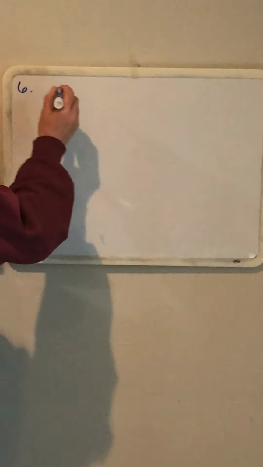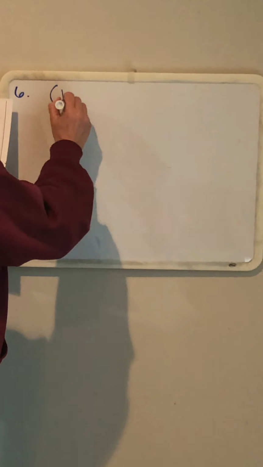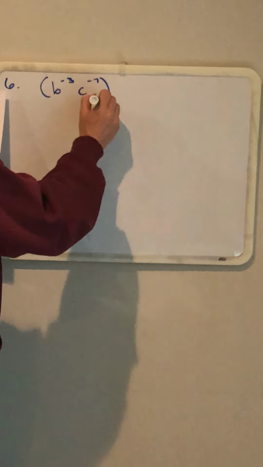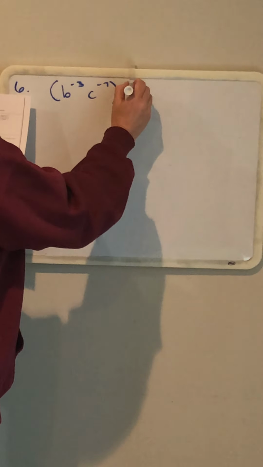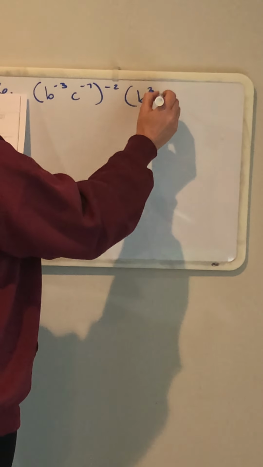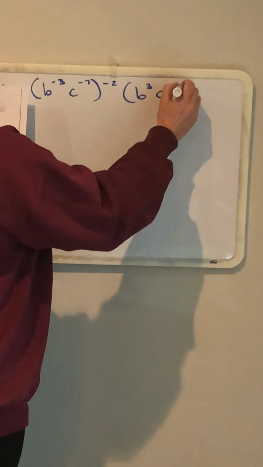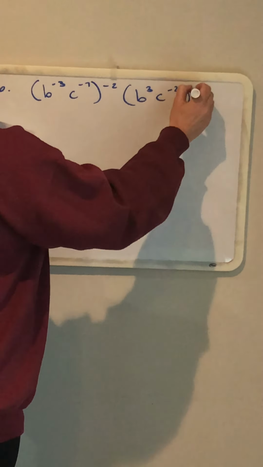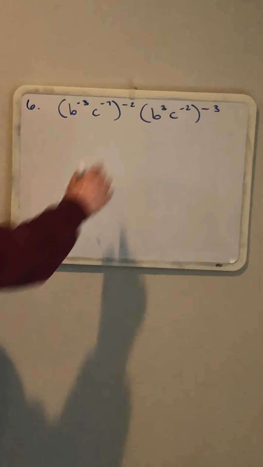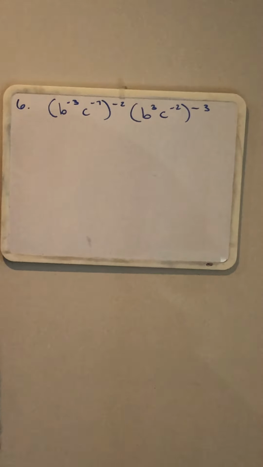So 6 we have b to the negative third, c to the negative 7th, all to the negative second, and then b to the third, c to the negative second, all to the negative third. Okay, so when you take a look at this one, again you see you have an outside power to distribute to the inside.